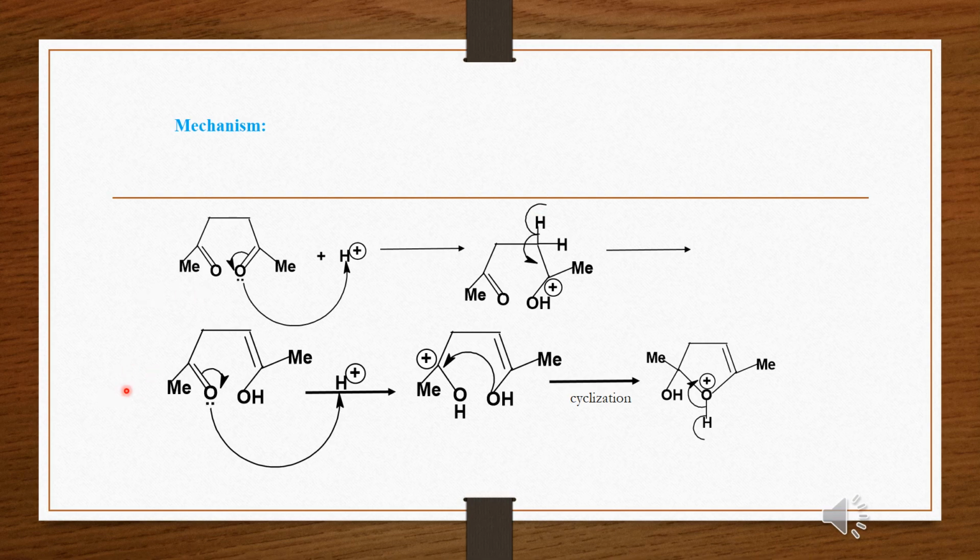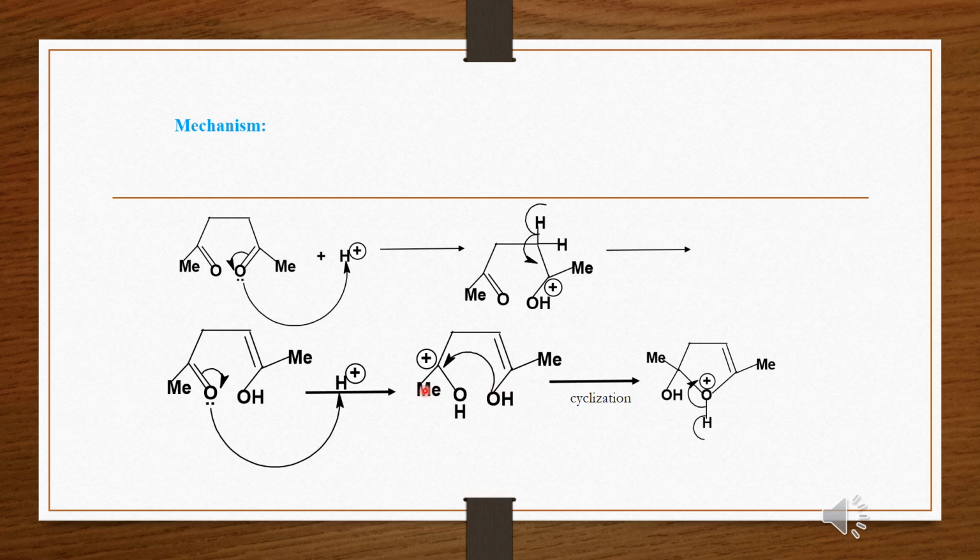Now the next carbonyl carbon, again oxygen will take electrons towards itself, carbon will carry the positive charge. Now in this case this oxygen will share its pair of electrons and form a bond with this carbon, and like this cyclization takes place and this furan structure will be formed.